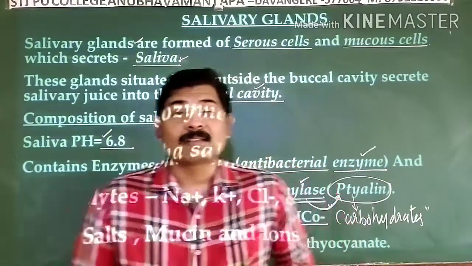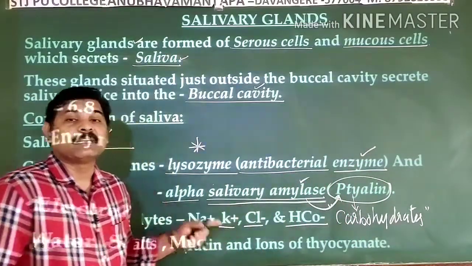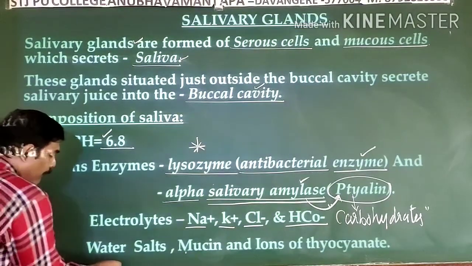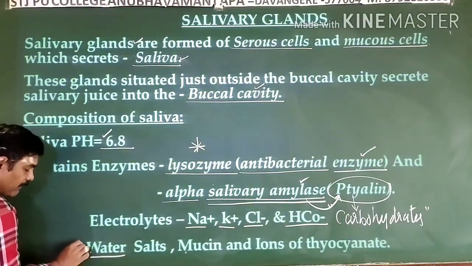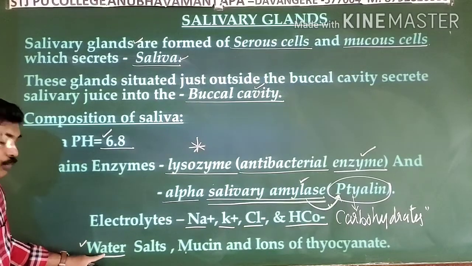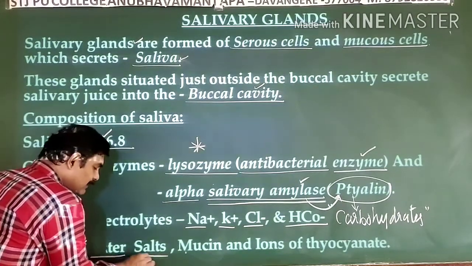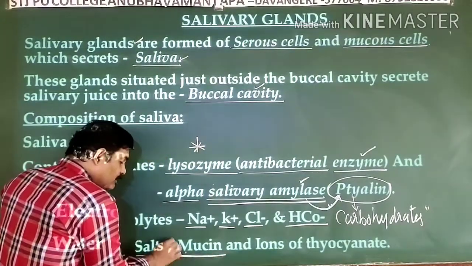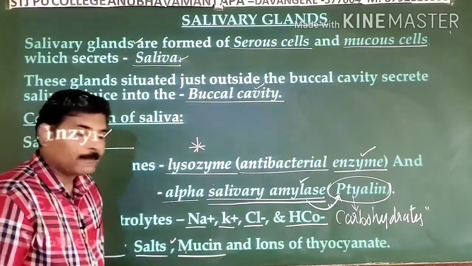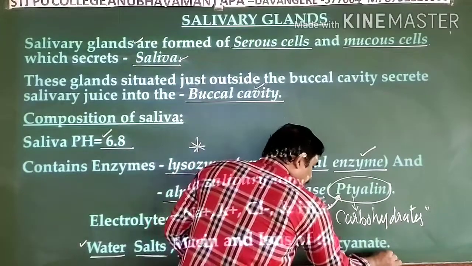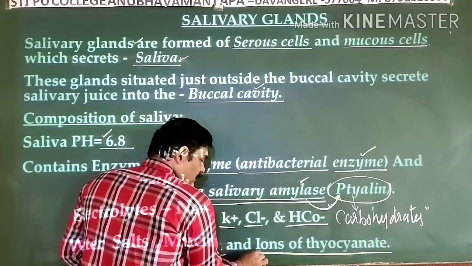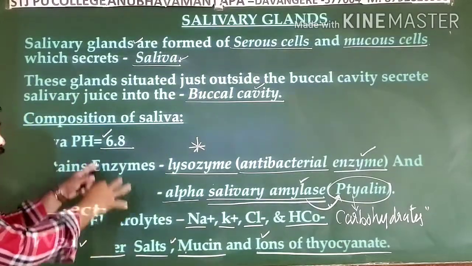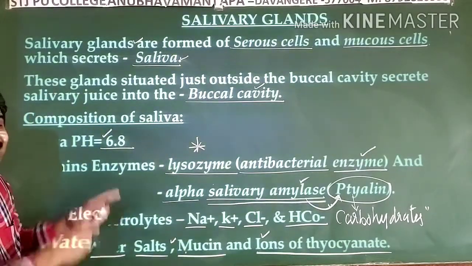And the saliva even consists of thiocyanate, a kind of ion, also. Clear? So these are some other components present within the saliva: a large amount of water, salts, mucin, one important thing, and ions like thiocyanate. So this is the total composition of your saliva.